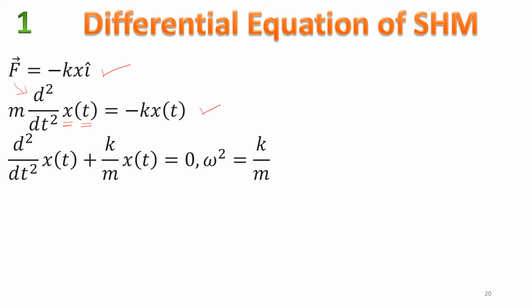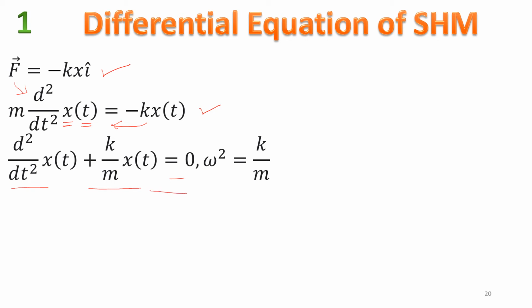Now we can rearrange this equation by taking minus kx on the left hand side, and on the right hand side we will have 0. So minus kx will be plus kx, and if we divide the equation by m throughout, we will have d2x by dt square plus k by m x equal to 0.